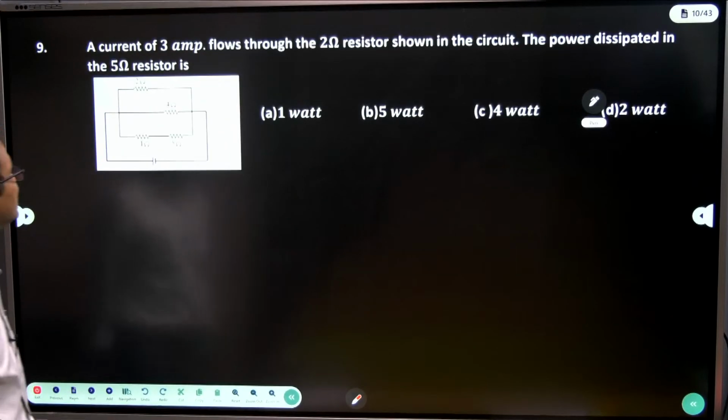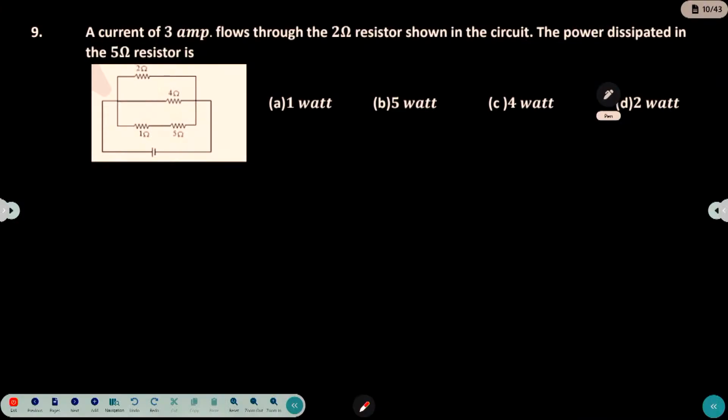Next, question number 9. 4 ohm, 5 ohm, 1 ohm, 2 ohm.